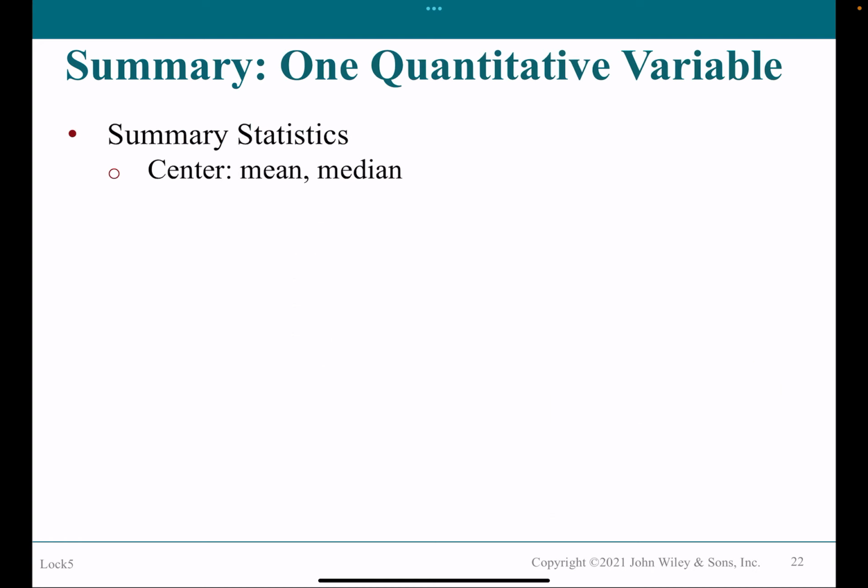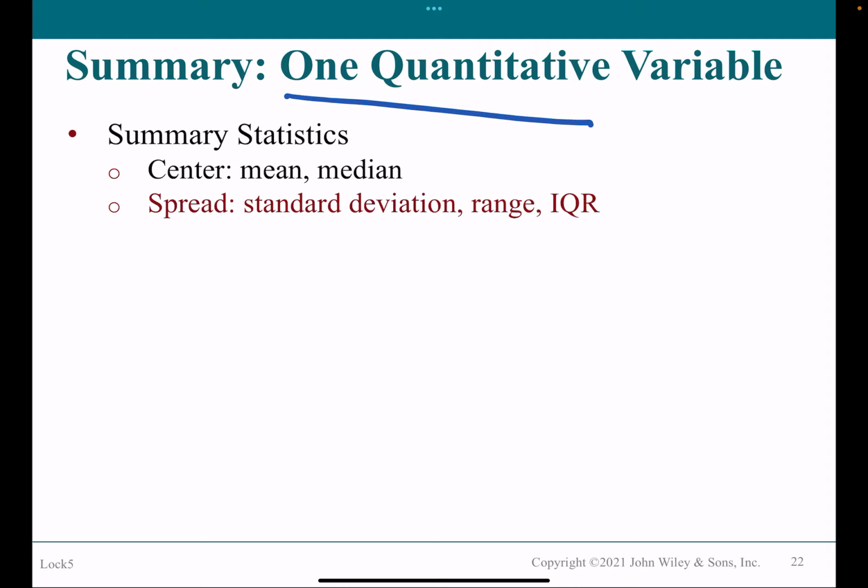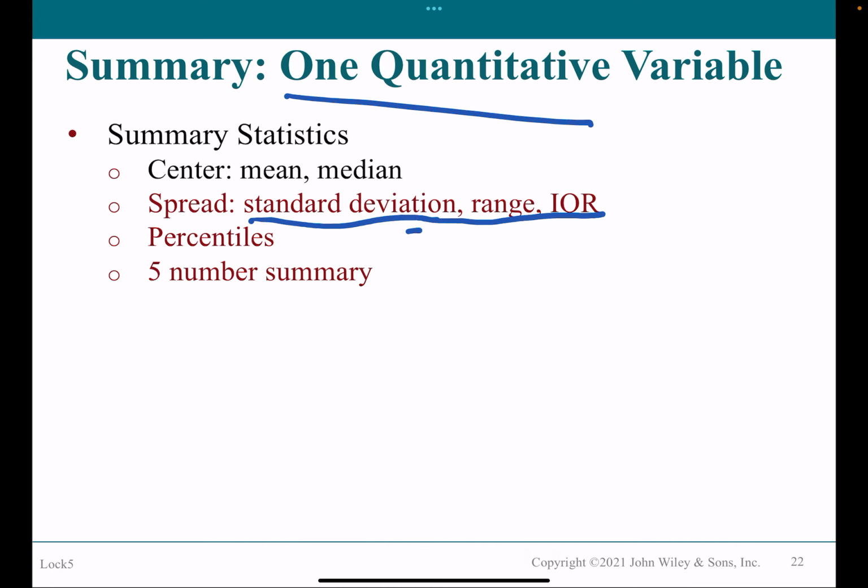To summarize, this is about one quantitative variable. We talked about center measurements, and how to measure the spread using standard deviation, range, and IQR. Then we talked about the five number summary. We did not talk about percentiles.